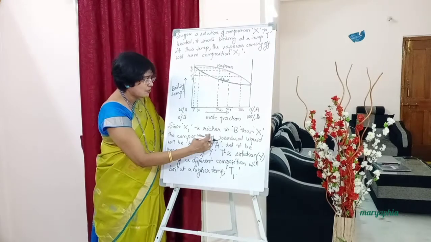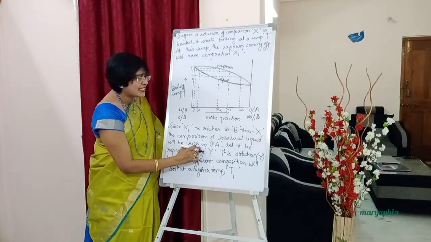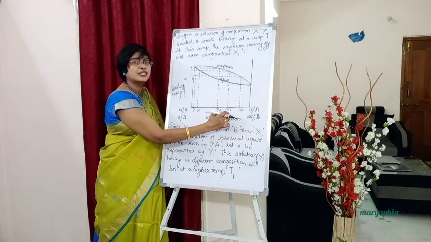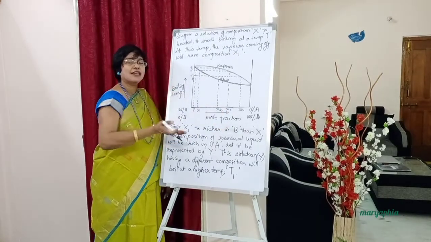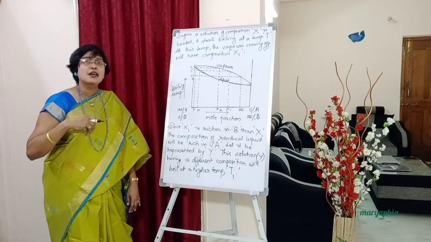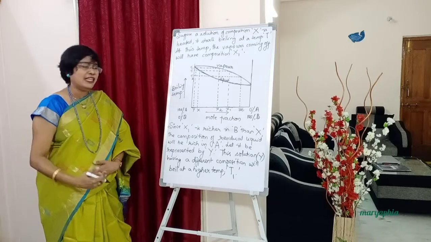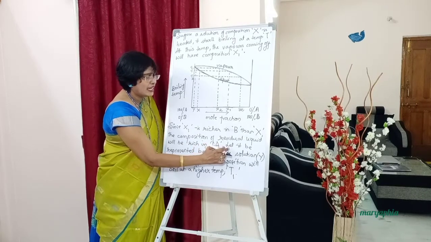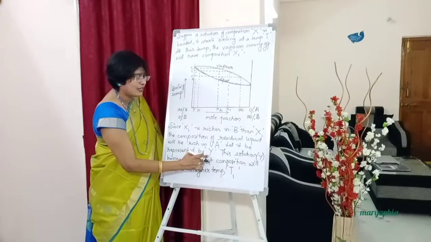The composition of residual liquid will be rich in A. The vapors coming off will have the composition X1. That means whatever vapor is coming off has more of B, and the remaining liquid will be rich in A.